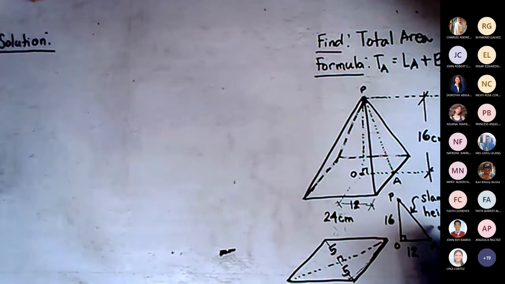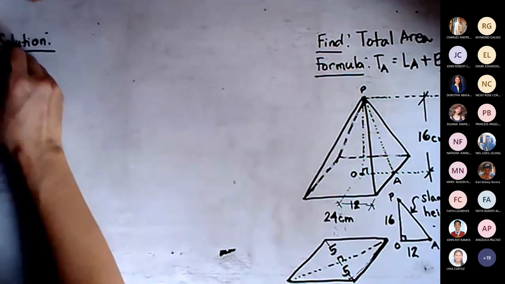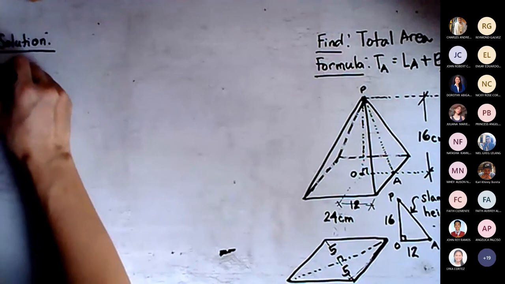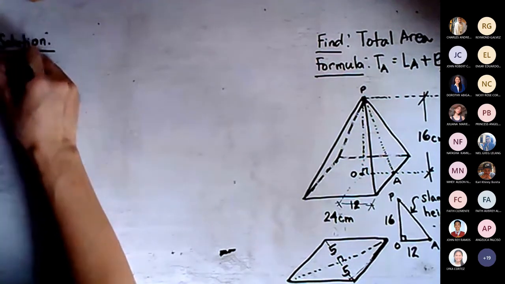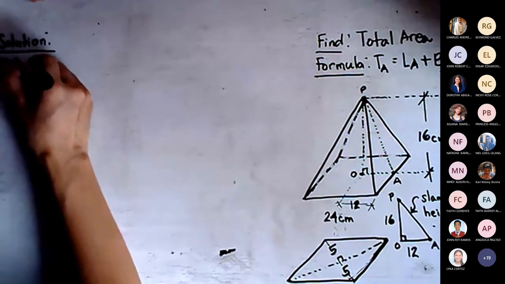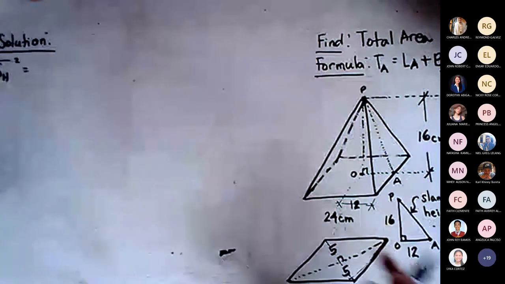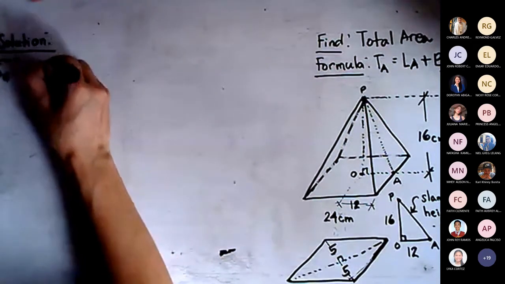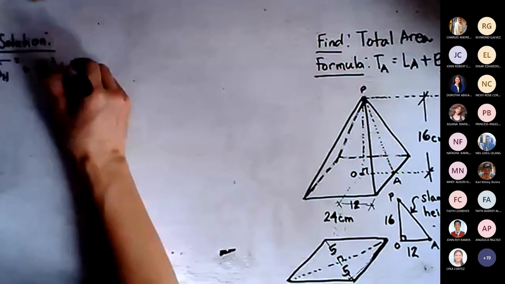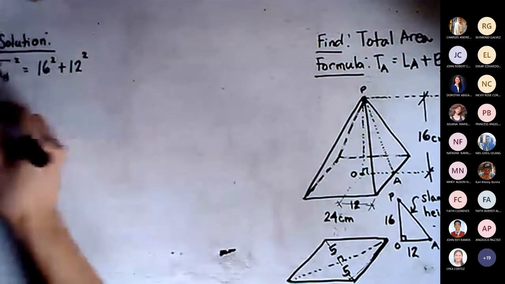How do you determine the slant height using the Pythagorean theorem? We have slant height squared is equal to 16 squared plus 12 squared.